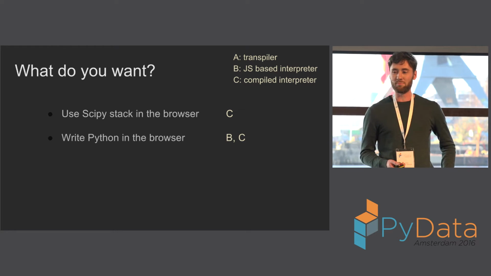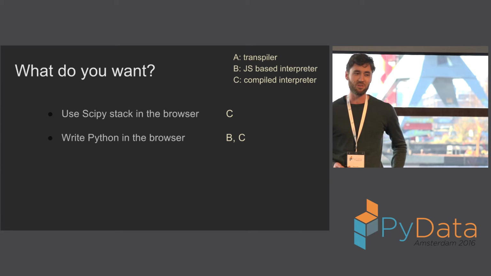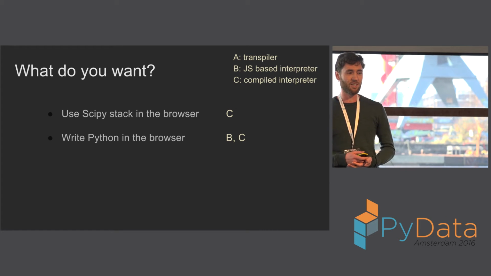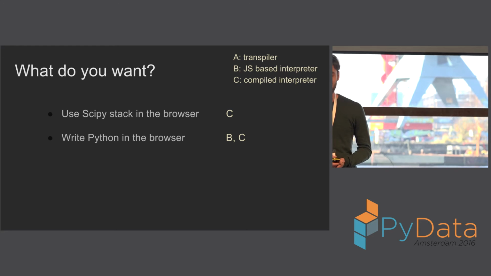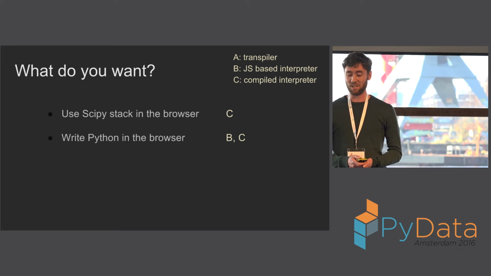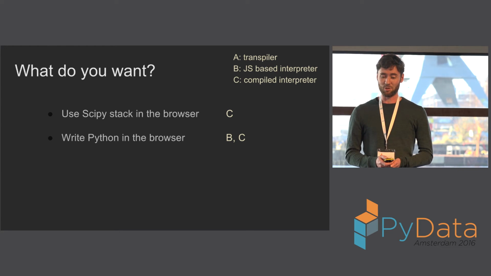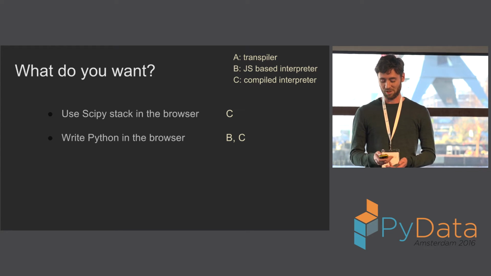If you want to write Python in a browser for educational purposes, so have a website where people can write some code and run it just to learn it, then category B, the Python interpreters written in JavaScript, make a lot of sense because they're quite lightweight and they work.